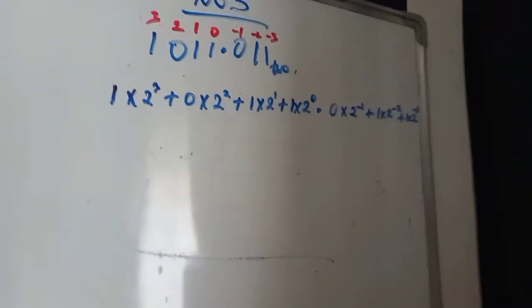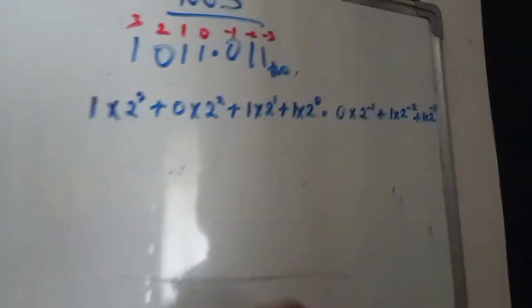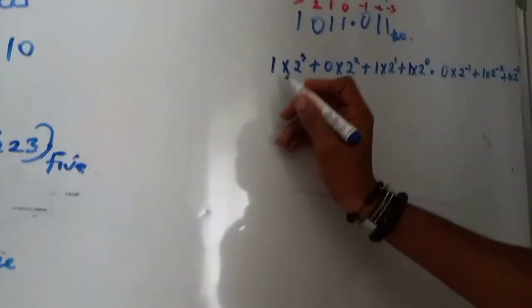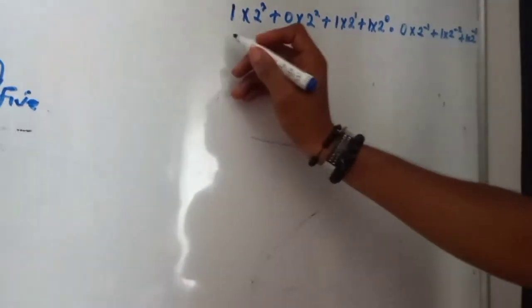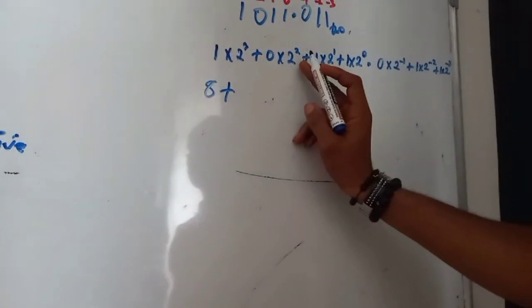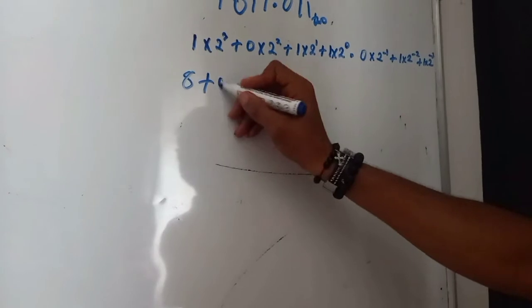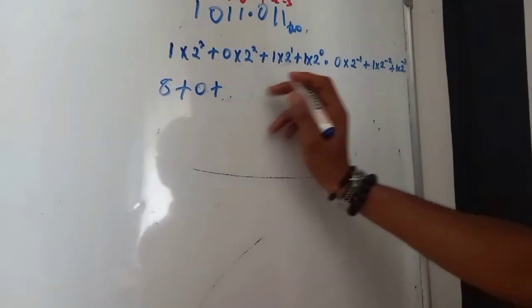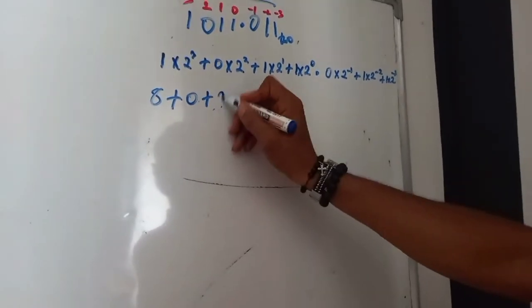Now I expand it again. So 1 times 2 to the power 3, which is 2 times 2 times 2, is 8. So 8 times 1 is 8. Plus 2 squared is 4, 4 times 0 is 0. Plus 2 to the power 1 is 2, 2 times 1 is 2.